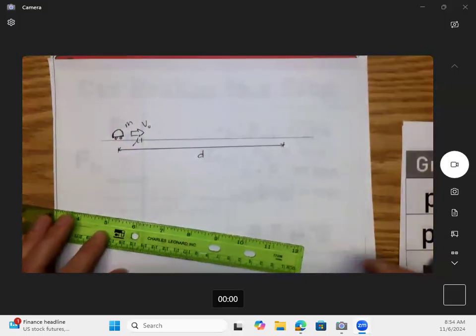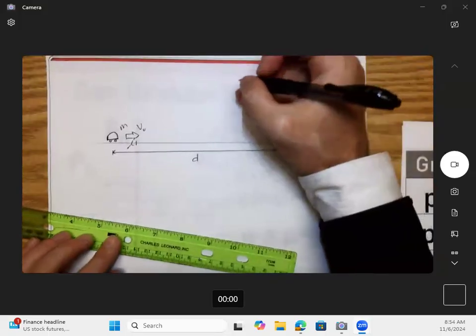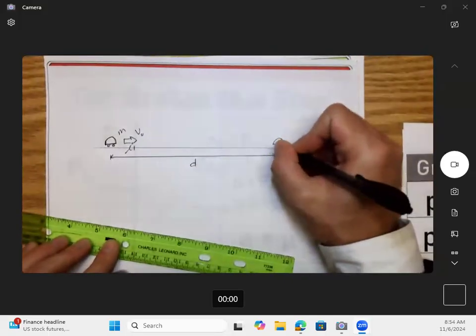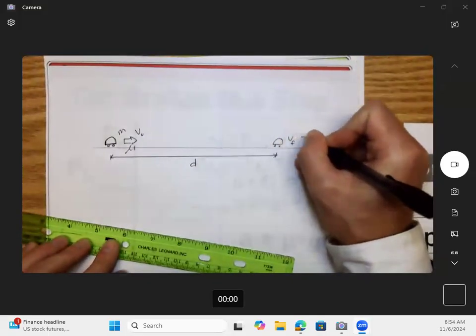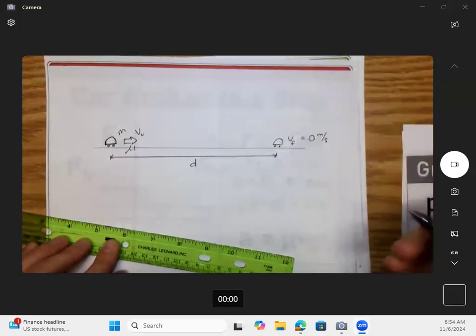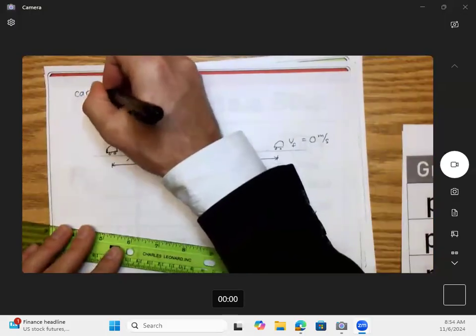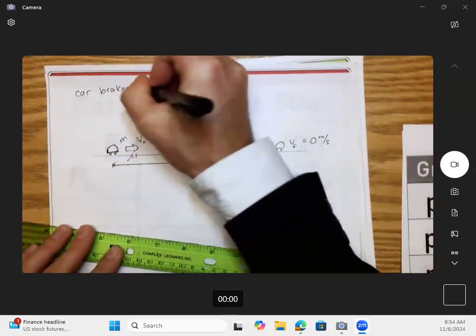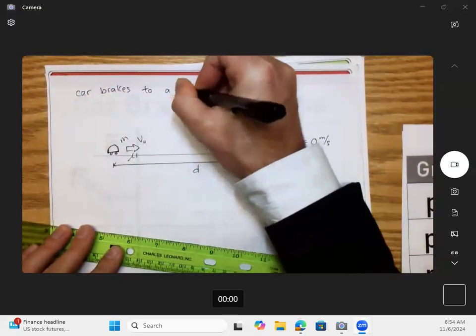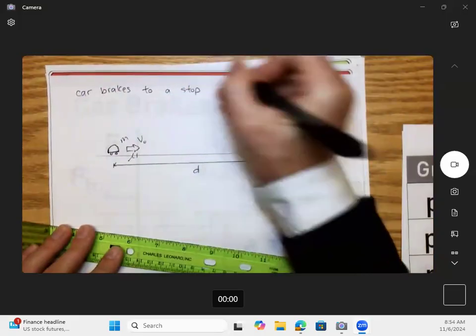Let's get some numbers on the board. The final velocity, of course, is 0 meters per second because it's braking to a stop. You might want to write a title on your notes: car brakes to a stop. We're going to solve this 2 different ways.